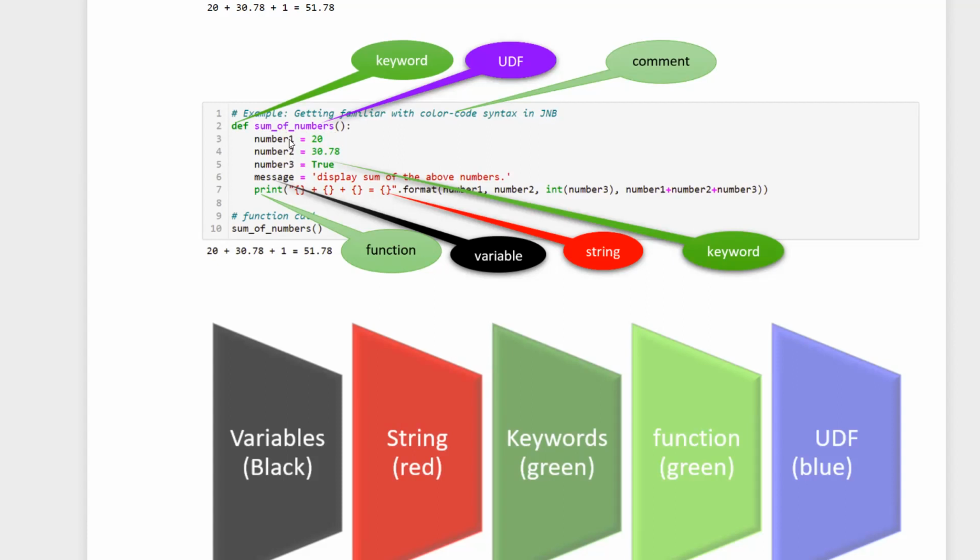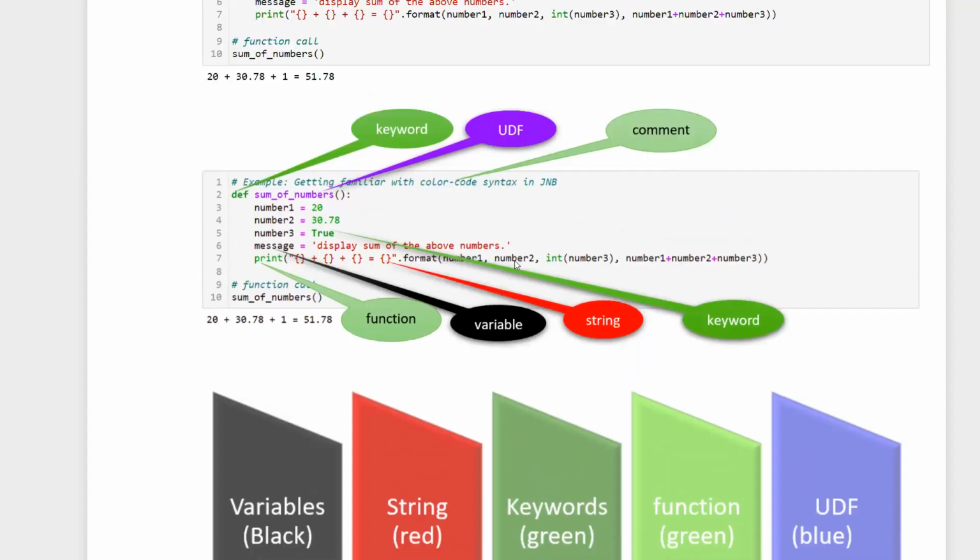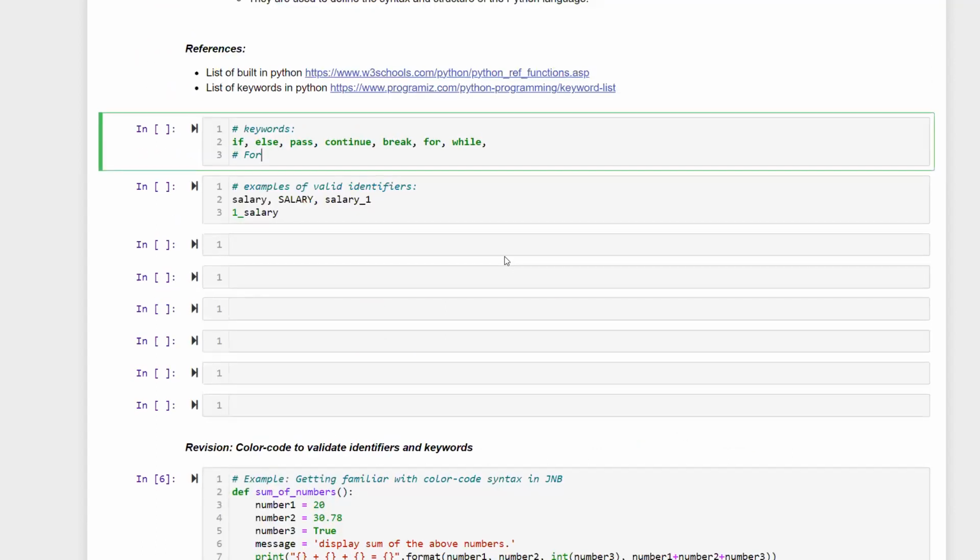Can you see all the black ones? The black ones that you see are variables. These are valid variable names. If they do not turn out black whenever you are defining a name for a variable, it's possible you have made some syntax error. For example, let's go back to the previous example.